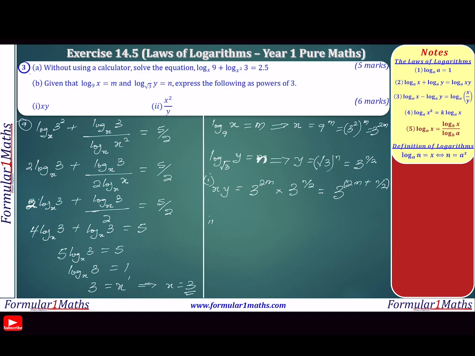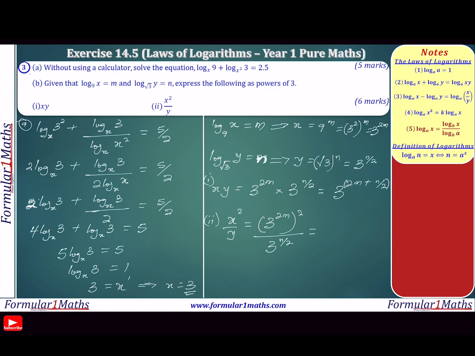For ii, we require to write x squared over y as a power of 3. And this is therefore equal to x squared. We know that x is 3 to the power 2m. So that will be 3 to the power 2m, all of that squared, divided by y, which is 3 to the power n divided by 2.